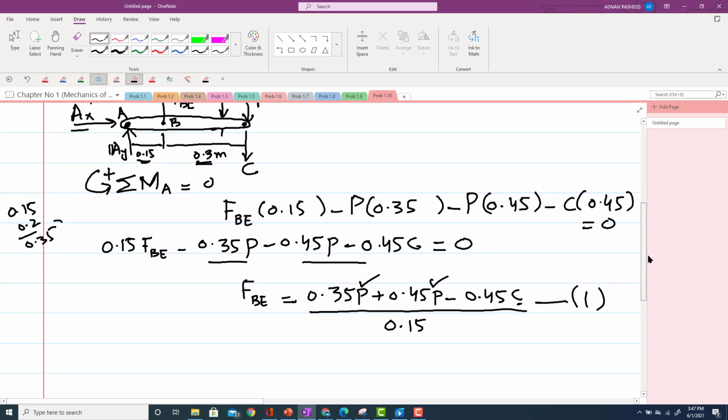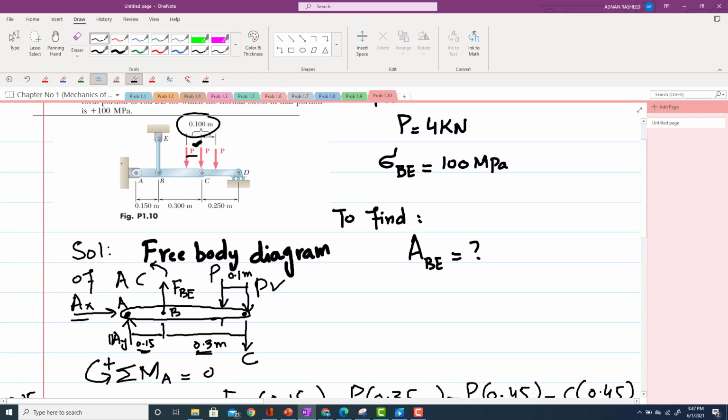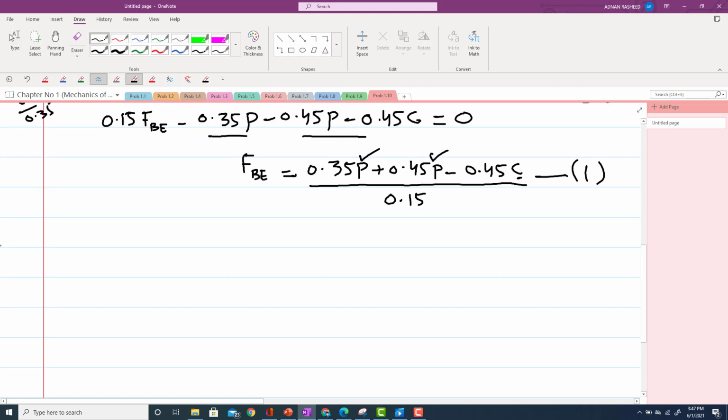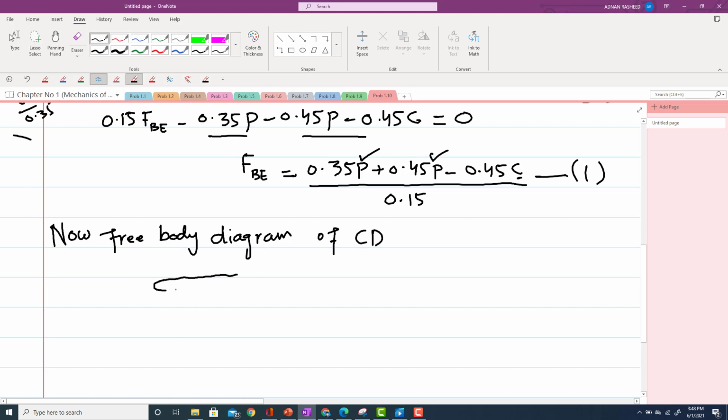So what we will do is take the free body diagram of the second element, that is CD. You have to take the free body diagram of this portion. So let's draw the free body diagram of CD.